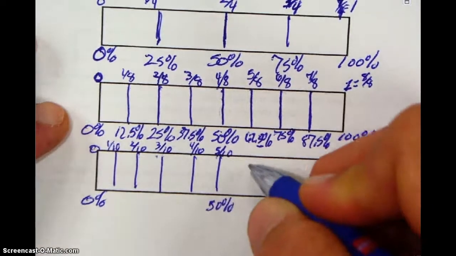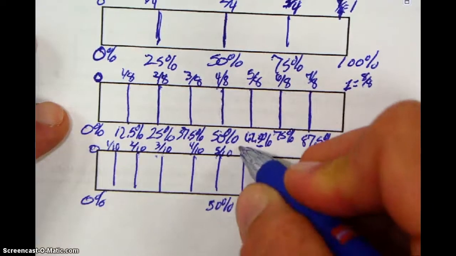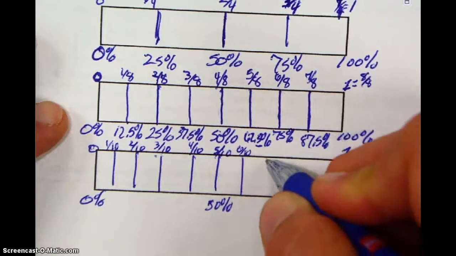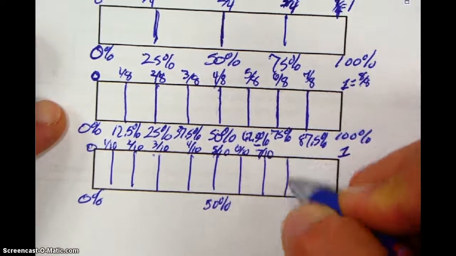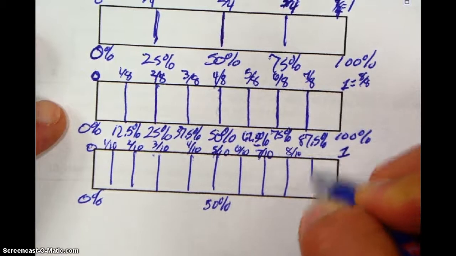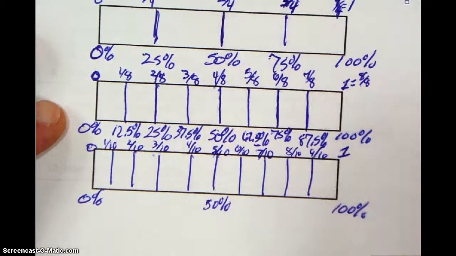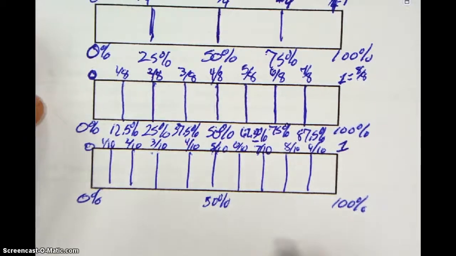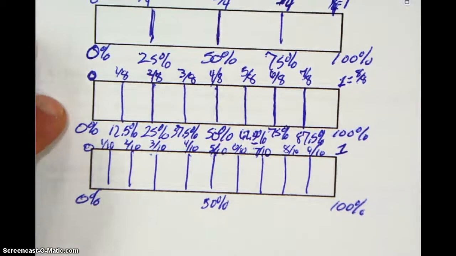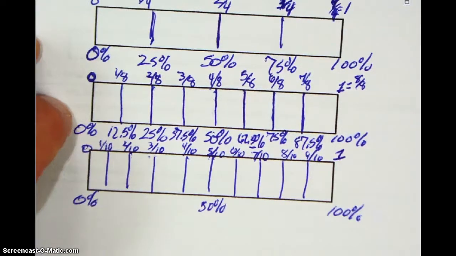Okay, then 6/10, 7/10, 8/10, and 9/10. Okay. All right, so these are pretty simple, right? So let's go real fast. What's 1/10?